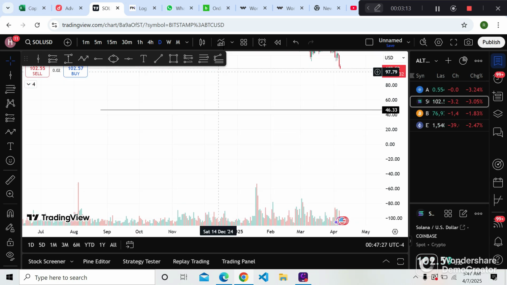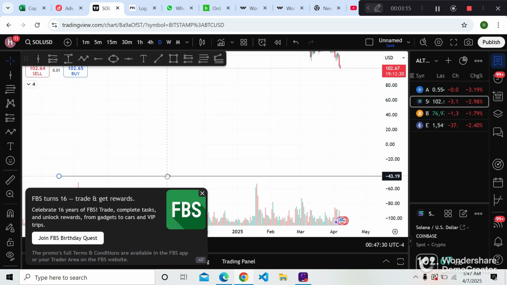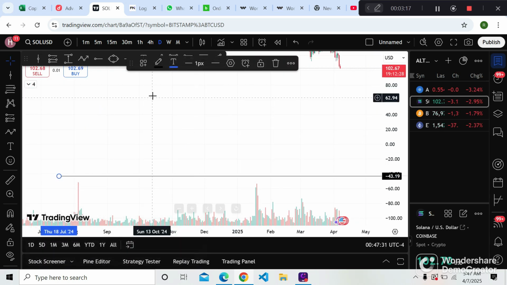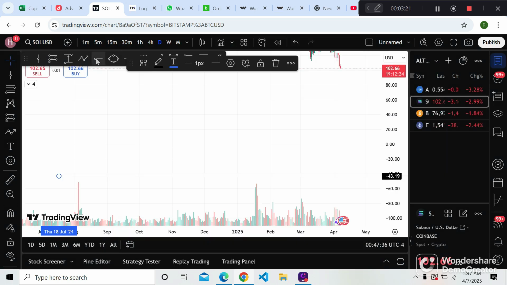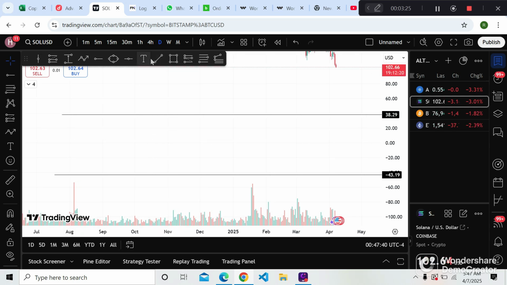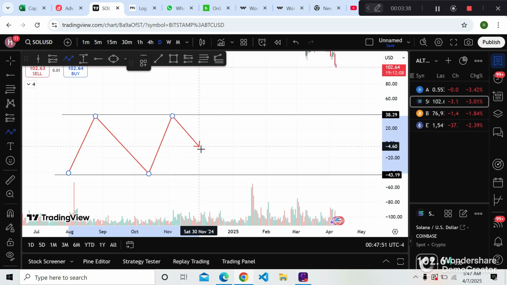Let's say we have our horizontal support here, then our horizontal resistance right here. For example, we have a support and resistance. Do you understand that fully?